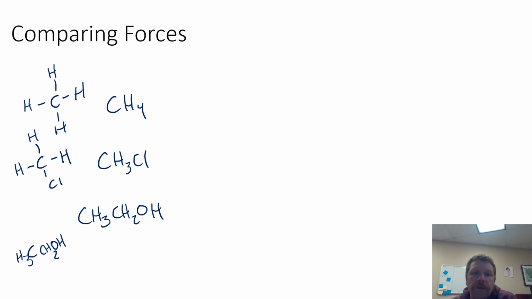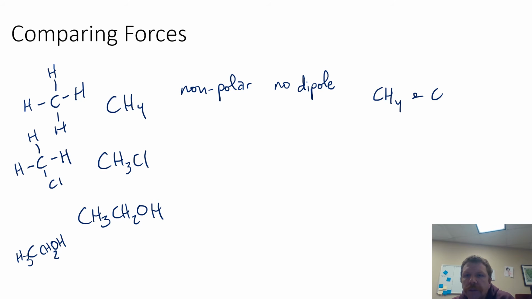Now, what you can first ask yourself is, is this molecule polar? So this is a non-polar molecule. Methane, for example, has no dipole moment. And so the types of interactions that are going to take place between CH4 and other CH4 molecules are going to have to be those dispersion forces.